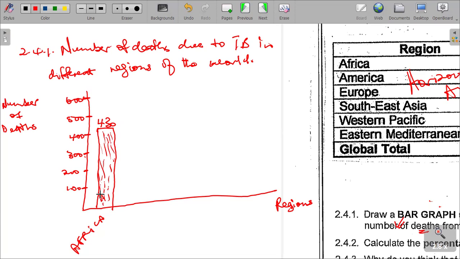The next region is America, which is 20. America is 20, so it is just low there.